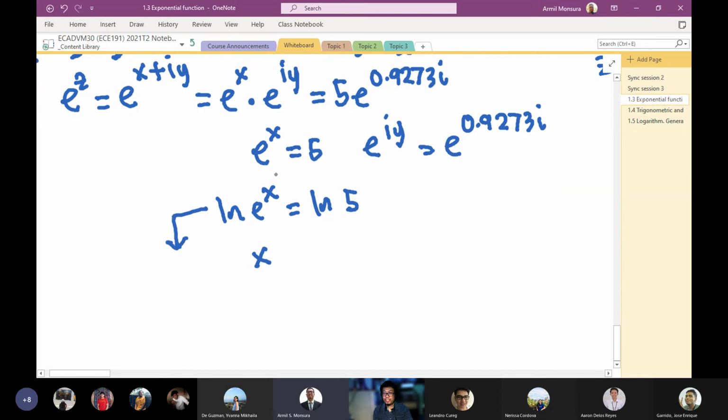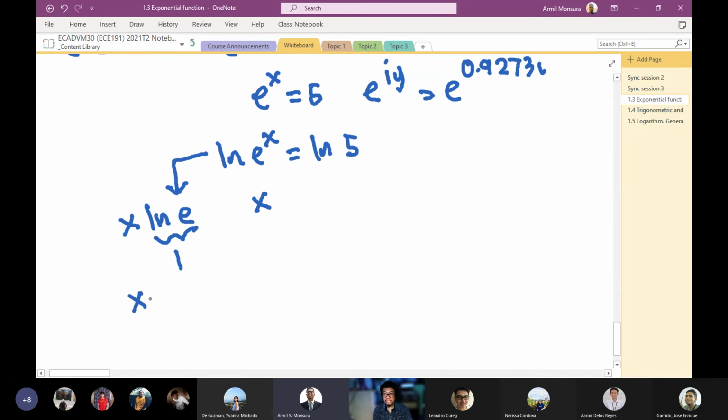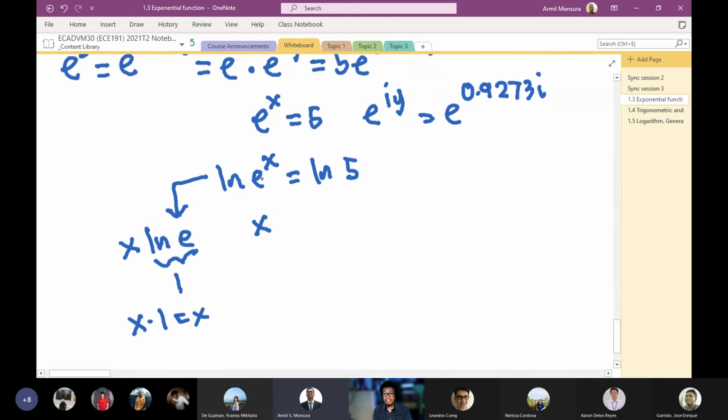It actually starts from your exponent being a multiplier, and this becomes natural logarithm of e, and the natural logarithm of e is 1. So therefore, that becomes x times 1, which is equal to x. So that means that ln of e raised to x is simply equal to x. And this is equal to the natural logarithm of 5. Is that clear?